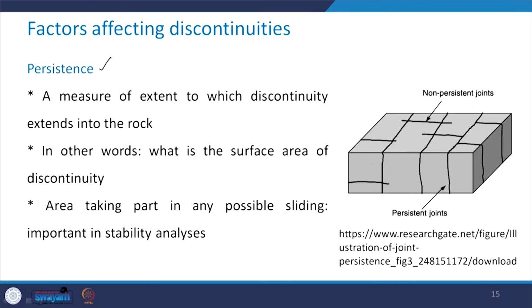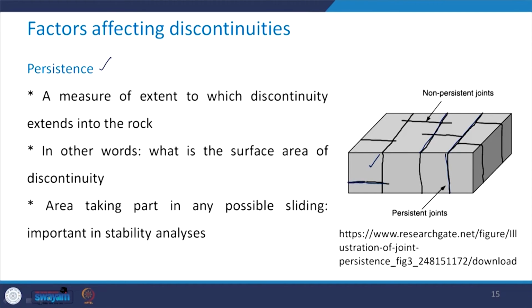Take a look at this figure. Let us say this is the exposed surface. Fine. So you have the joints. One joint is like this, and then the rest of the joints are kind of vertical as shown in this figure. Now, let us say that we get to know that this joint is extending into the rock mass like this.